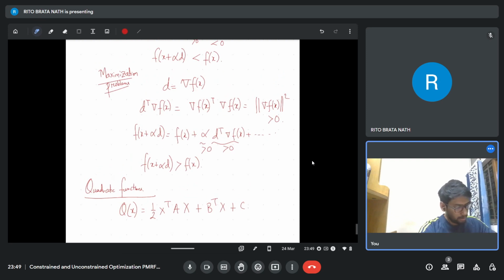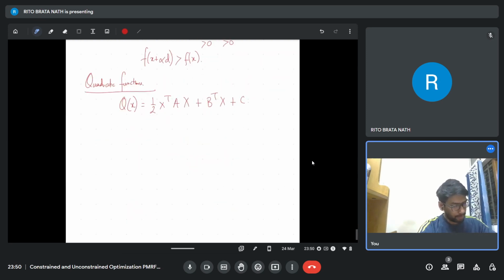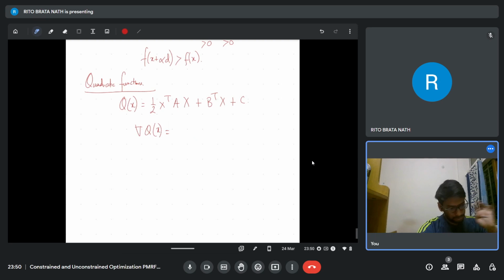So this could be your ascent direction. It's just taking the gradient and setting it to the negative of that. So you can also take the gradient here itself. To get the gradient, you need to have some knowledge on how to calculate it.